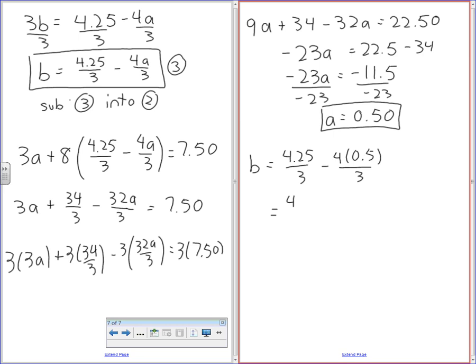Okay, so b is going to be 4.25 over 3 minus 2 over 3, which is 2.25 over 3, which is 0.75. Now, if you did this a different way, as long as you get the same numbers, I don't really care. I'm just doing it the way you showed me on the board to get b by itself.